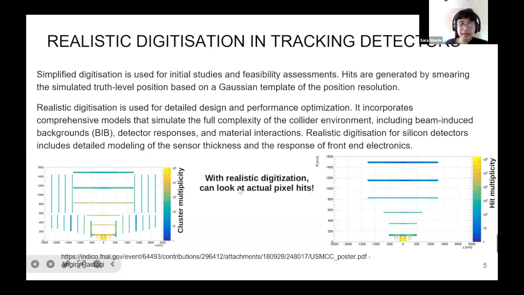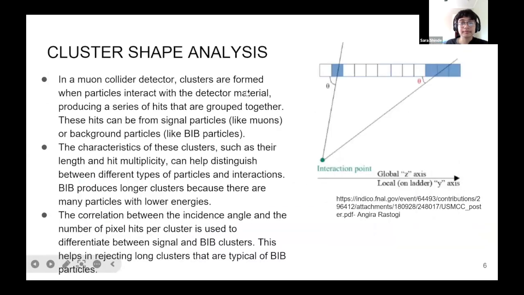So we can look at the pixel hits using realistic digitization, and these are the figures showing hit multiplicity and cluster multiplicity. In the Muon collider, when particles interact with the detector material, clusters are formed and a series of hits is produced which are grouped together.